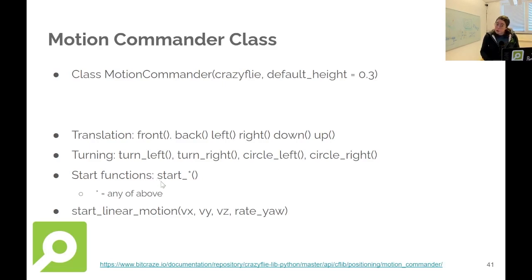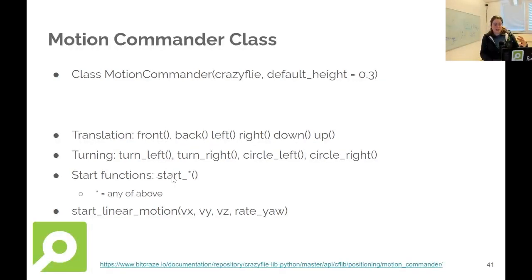You also have a couple of start functions as well, because all these functions that I just mentioned are blocking functions, which means the function will block the rest of the code until it has been executed. And sometimes you don't want to do that. Sometimes you just want to do things or measure things while you're moving.